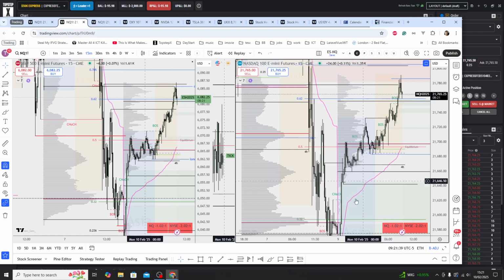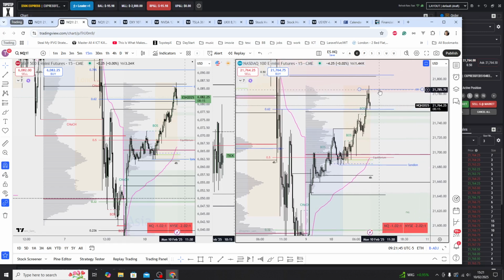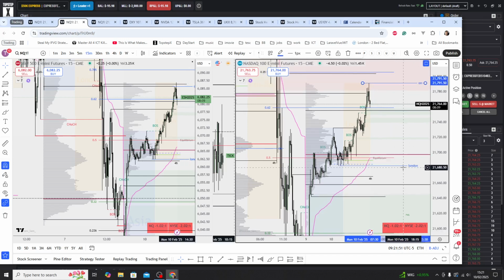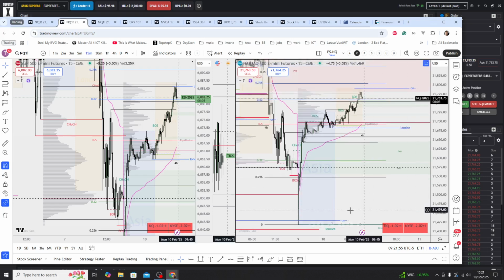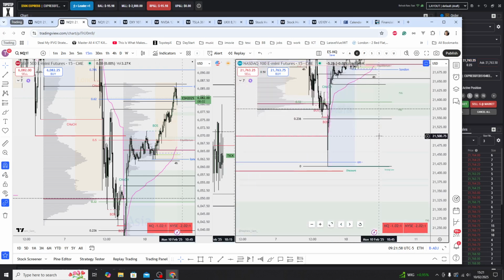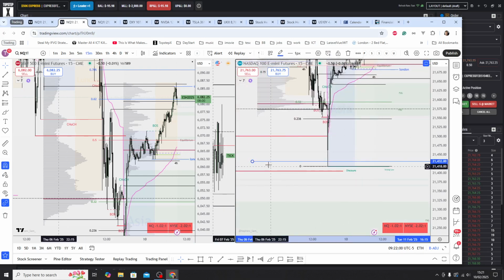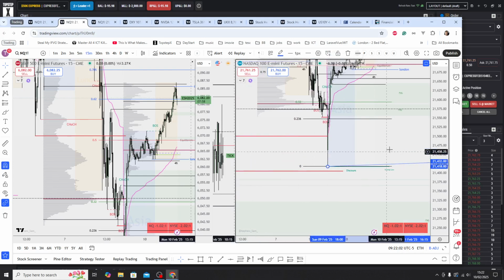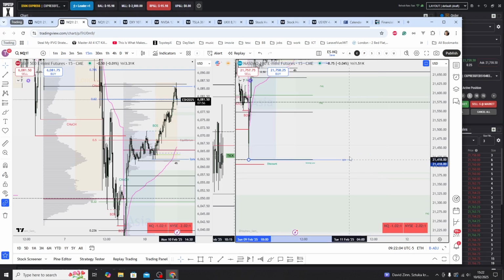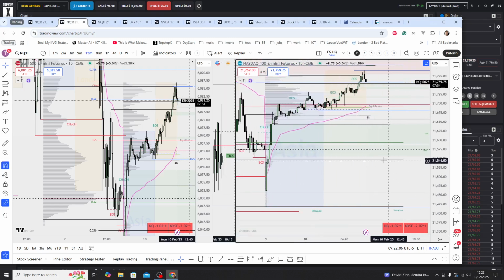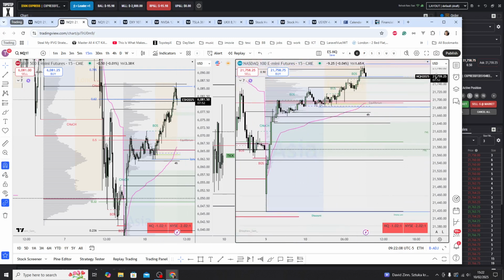So we made a full range move. Marked at overnight high. That is London high, and obviously down here is Asia low.